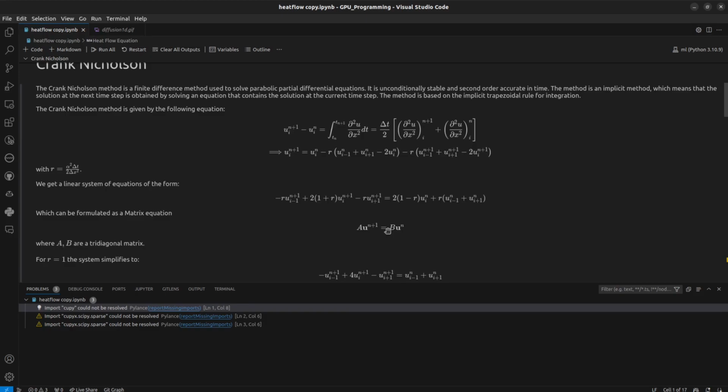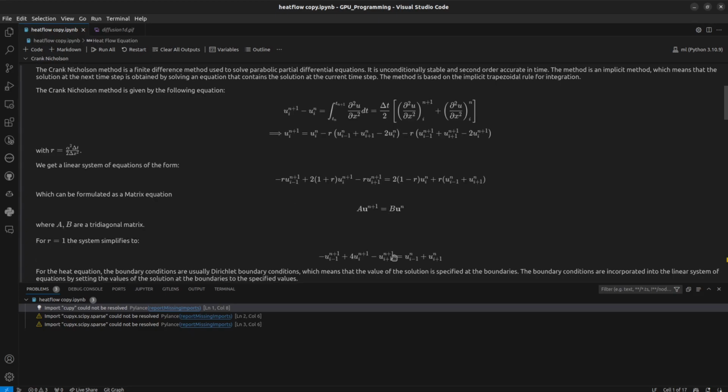They're still going to have many entries on the diagonals or close to the diagonals and not so many far away from the diagonal. Since we said that we're unconditionally stable, we can just choose our constants so that r equals 1, then this term here just vanishes and we get our final scheme that we're going to use to solve the heat equation.